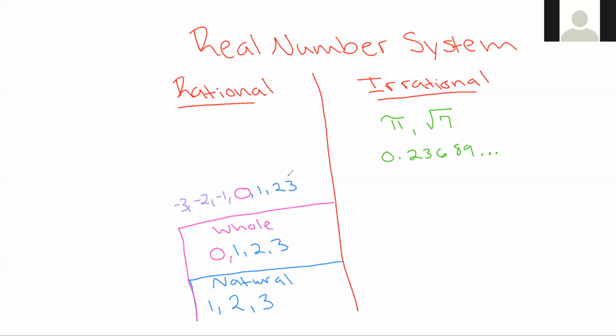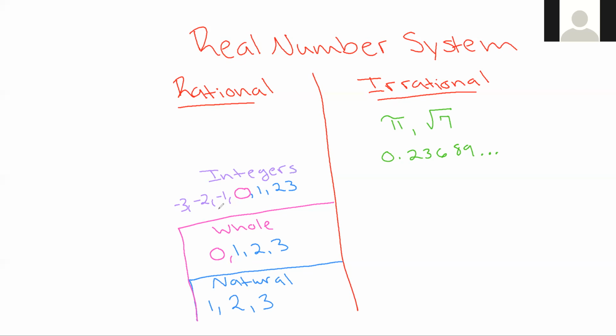And we know opposites just mean the negative. So these are your integers. Okay, so all of your whole numbers are contained within the integer set. All of your natural numbers are contained within the integer set. Okay, so like I said, as we move up, they just keep on building.